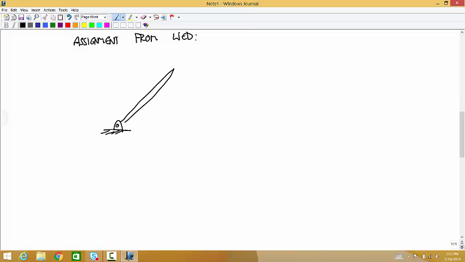Okay, so the assignment from Wednesday had this kind of thing. I don't remember which side, it doesn't really matter. But you had an equilateral triangle.